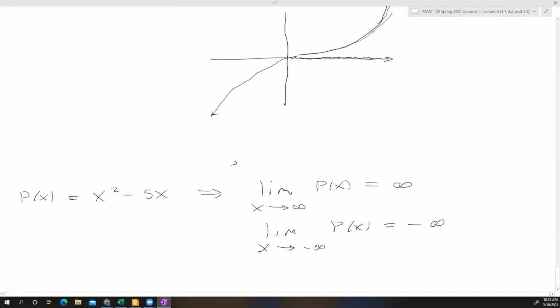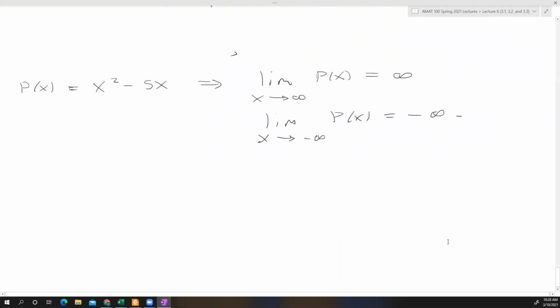Let's analyze the function a little bit more closely. You may think, well, what about this negative sign right here? Why doesn't that mess with things a little bit? Why are the limits the way they are, even though we have this negative 5x right here?